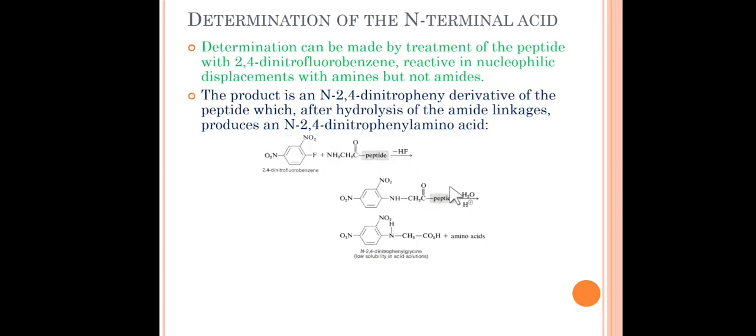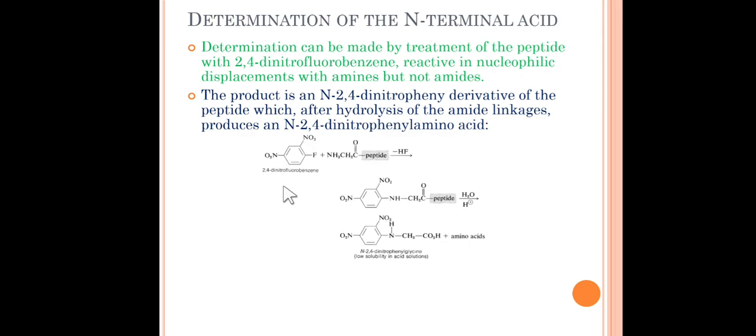Now the second step is the determination of the end terminal amino acid, or I will say determining the amino acids present at the ends of that chain. So determination can be made by treatment of the peptide with 2,4-dinitrofluorobenzene. Okay, this is 2,4-dinitrofluorobenzene, a very simple structure.